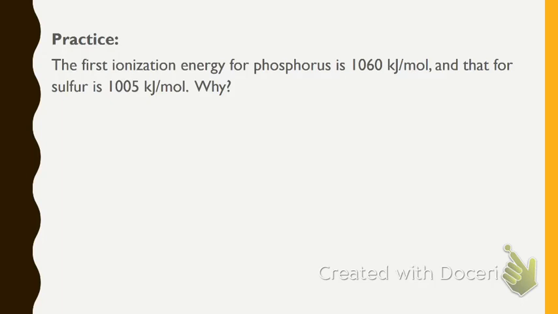If you look at it, sulfur comes after phosphorus, so you would expect the ionization energy to be increasing, but there's a slight dip. Why is there a slight dip? Because it's group 16 is not a reason. Phosphorus is 3s2 3p3, and sulfur is 3s2 3p4.